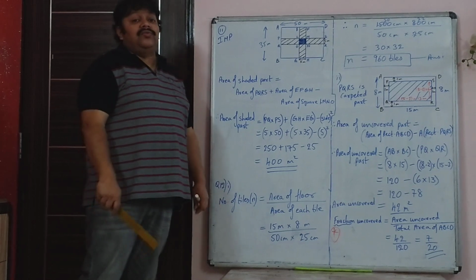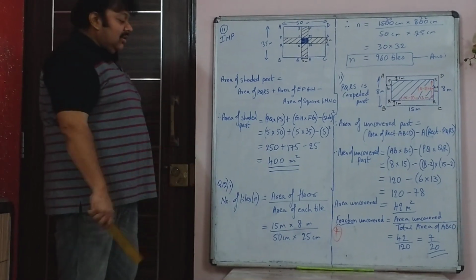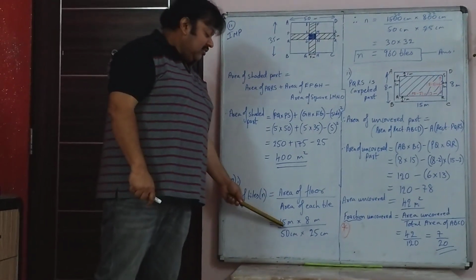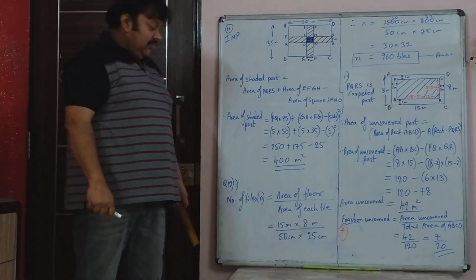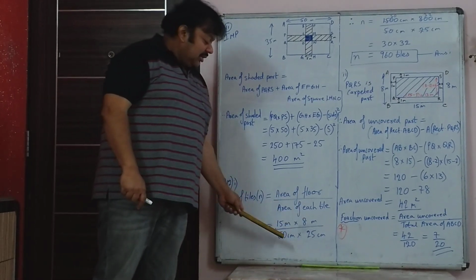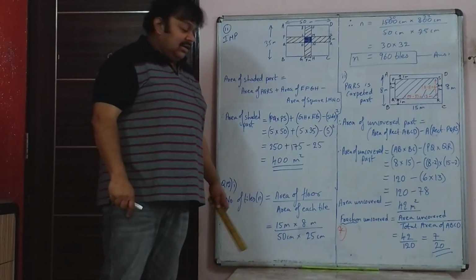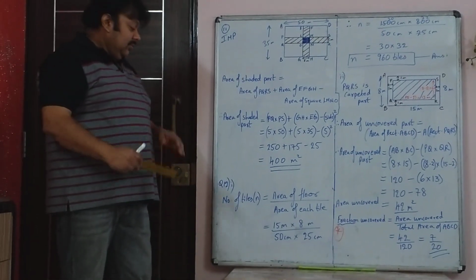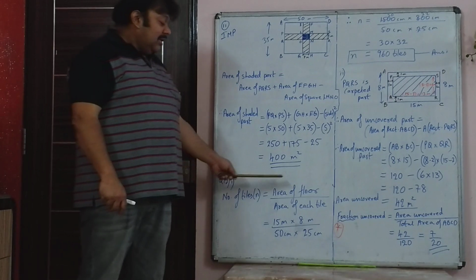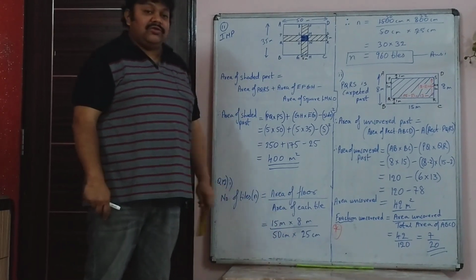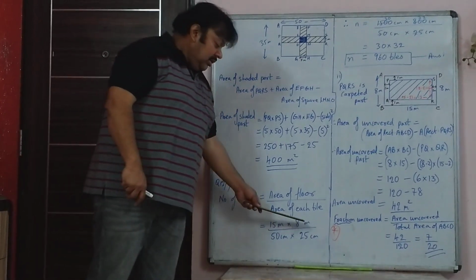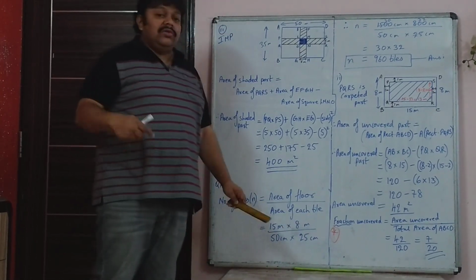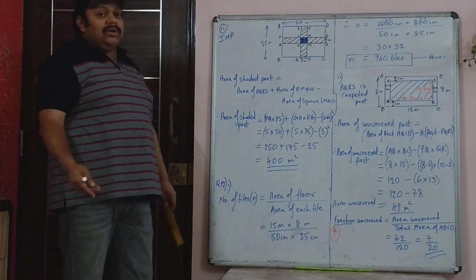asked to find the number of tiles that can cover a floor. The floor is a rectangular floor having dimensions 15 meter and 8 meter. The tile is also rectangular, 50 centimeter into 25 centimeter. So the number of tiles will be area of the floor upon area of each tile. Here you can't directly do the calculation without converting meter to centimeter or centimeter to meter.